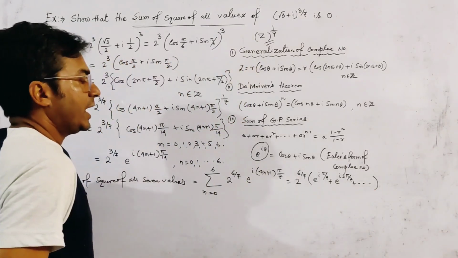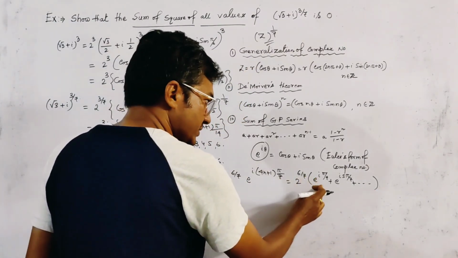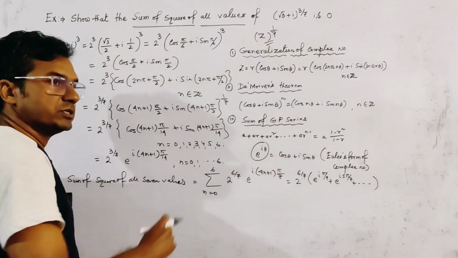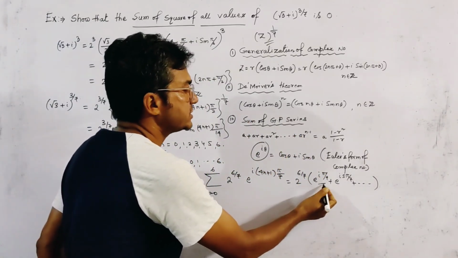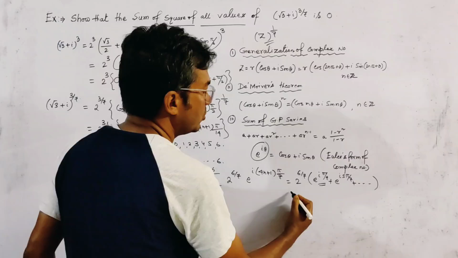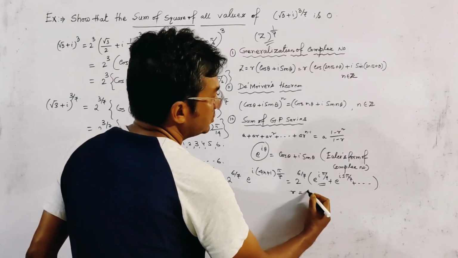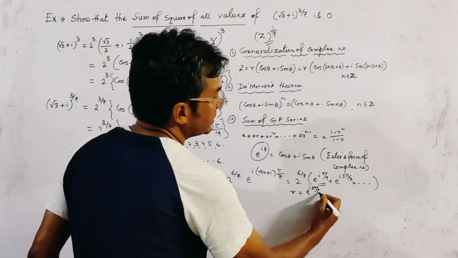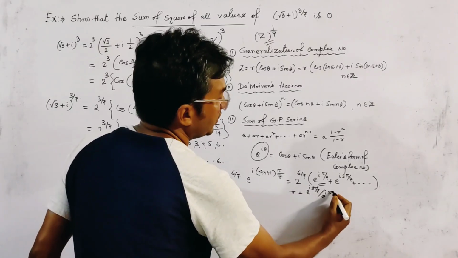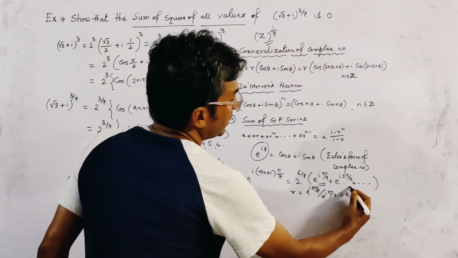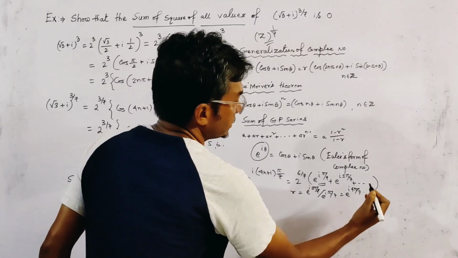Clearly this is a geometric progression with first term e to the power i pi by 7, and the common ratio r is given by e to the power i into 5 pi by 7 divided by e to the power i into pi by 7, that is e to the power i into 4 pi by 7.